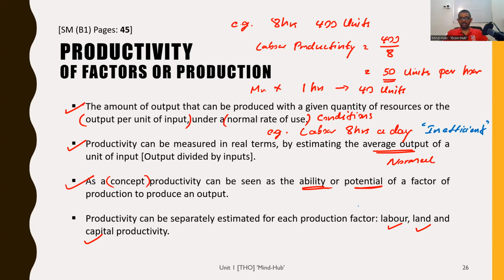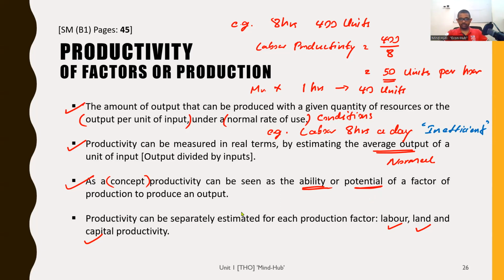If a person produces 50 or more, then that person is efficient. If a person produces less than 50, that person is inefficient. That's how we use words like efficiency and inefficiency compared to productivity. Get it?